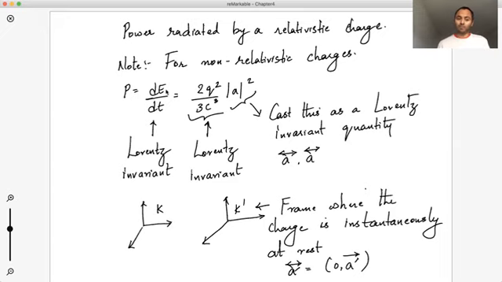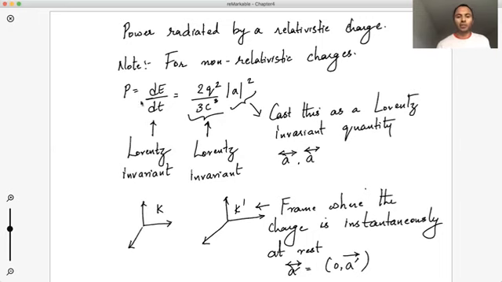Now that's not true if you don't have that symmetry, because then the 4 momentum for the radiation, the 0th element will be E by c, and the other 3 elements are not necessarily going to be 0. So then you'll have to write the whole thing out.